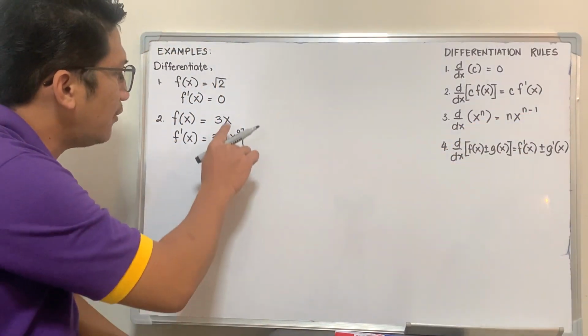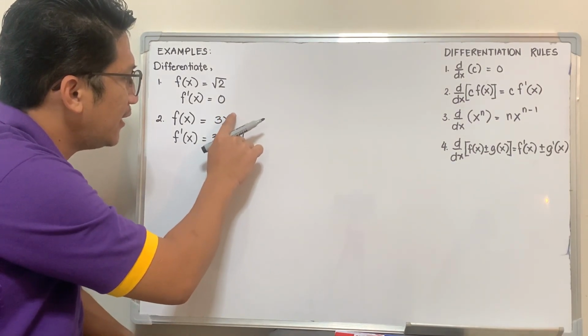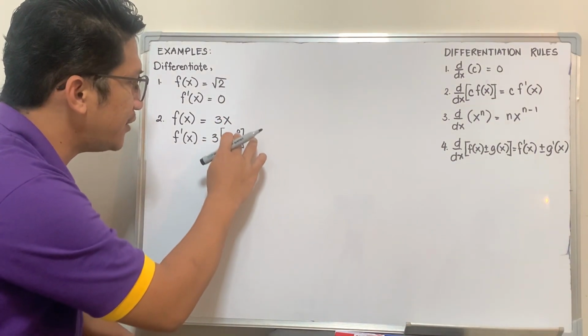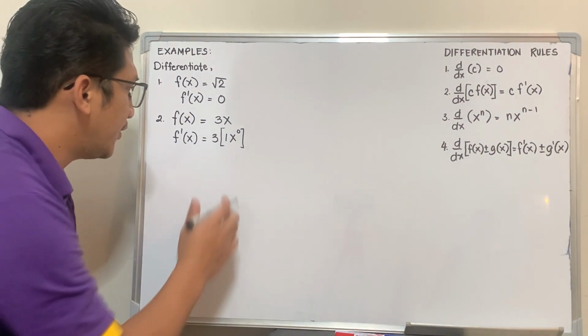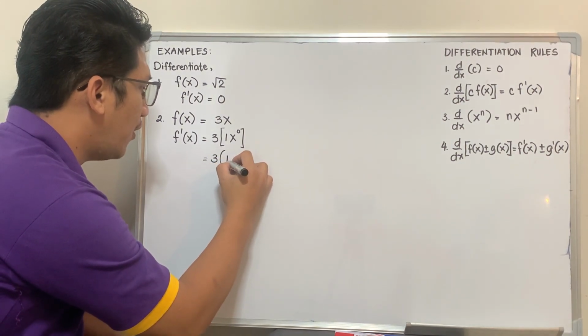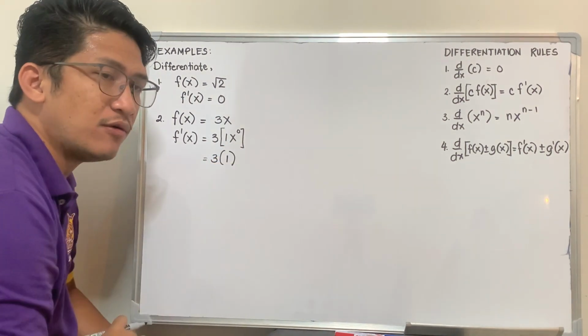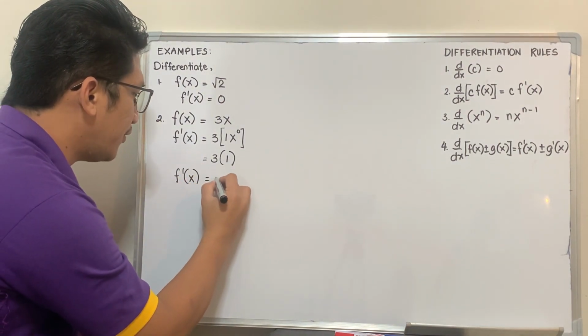So here, the 1 becomes the numerical coefficient, and then 1 minus 1 of course has a result of 0. As you know, x raised to 0 is just equal to 1. So in other words, you'll come up with just 3 times 1, because that's 1 times 1. So f prime of x, therefore, is equal to 3.